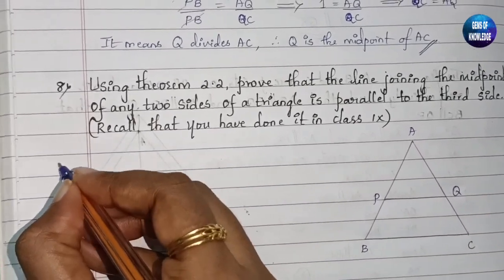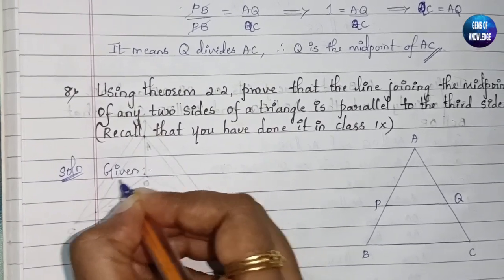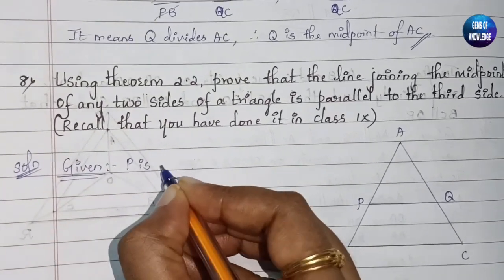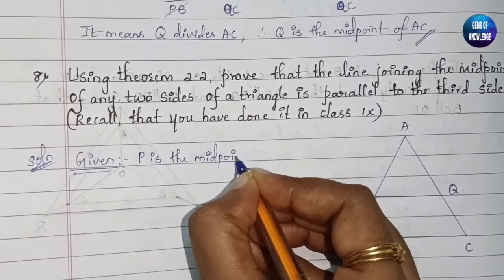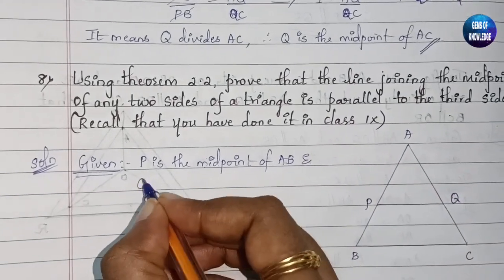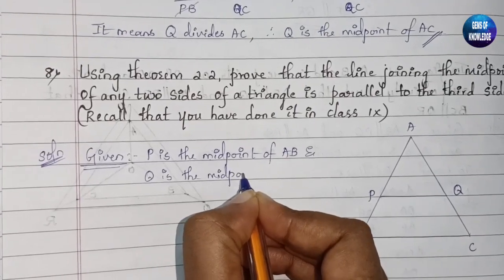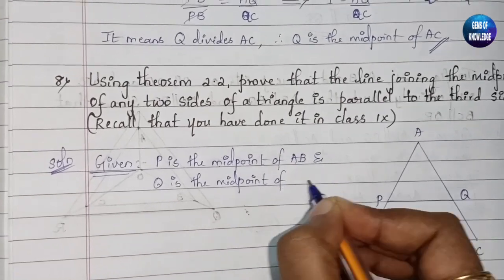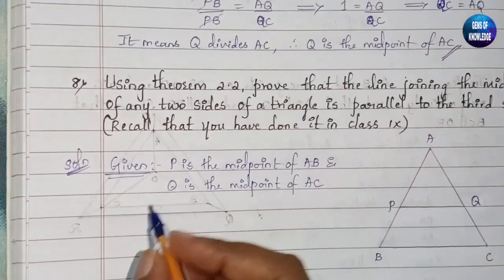Okay, so let us solve. The given terms are: P is the midpoint of AB and Q is the midpoint of AC.